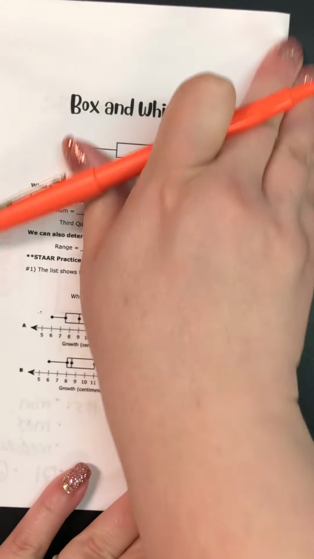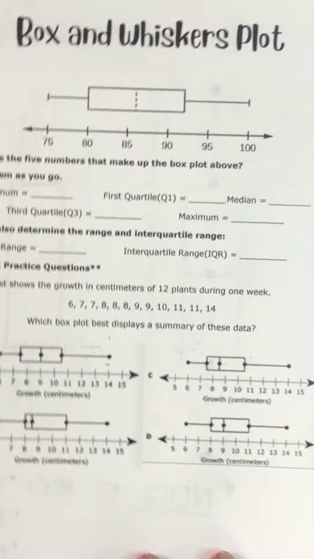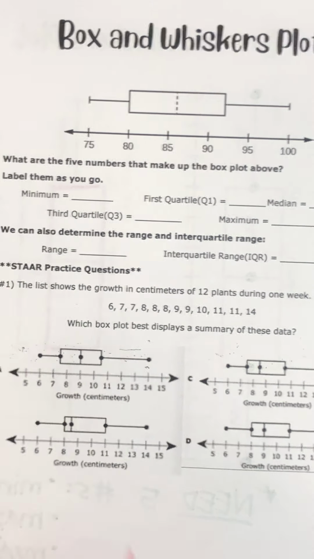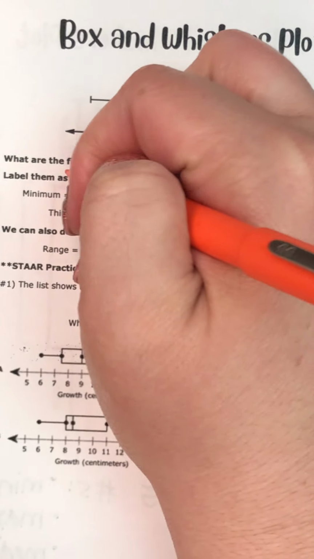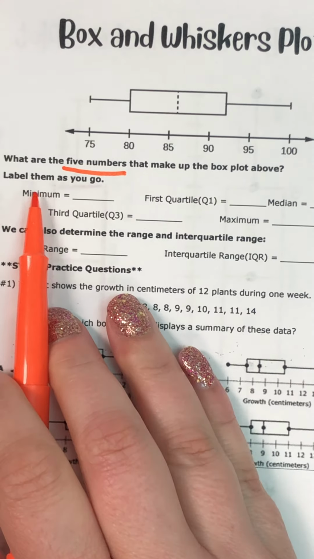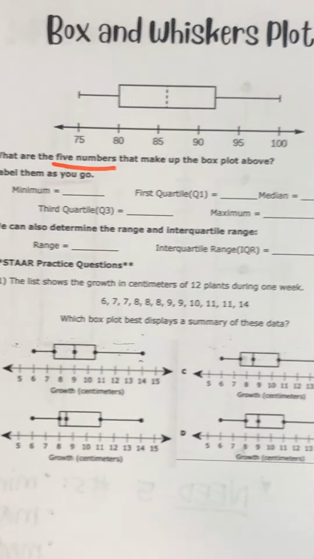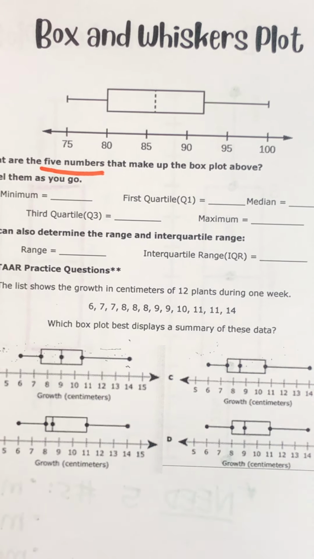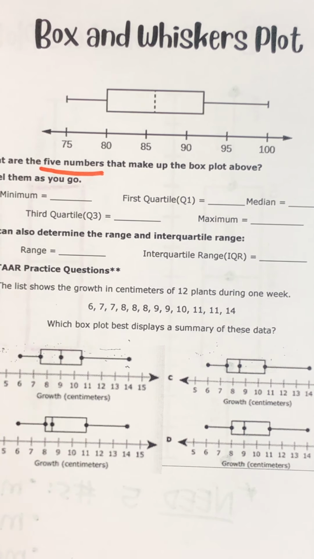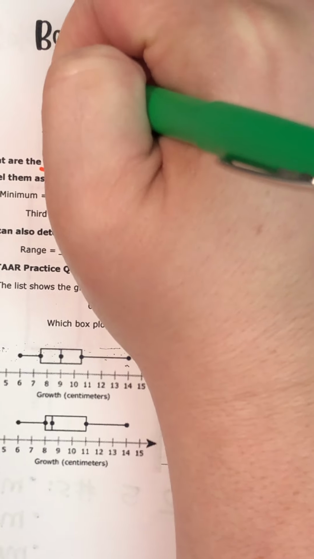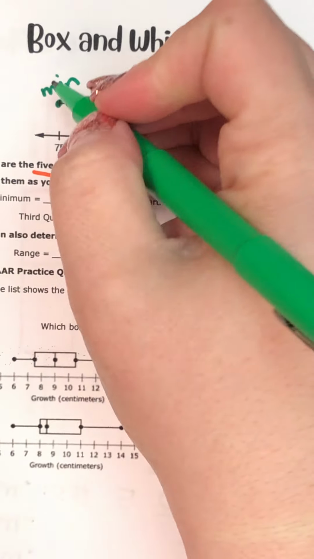Here is our example box and whisker plot, and it asks, what are the 5 numbers that make up the box plot above? Again, our 5 numbers are our minimum, maximum, median, quartile 1, and quartile 3. Our minimum is the one farthest to the left, right at 75.